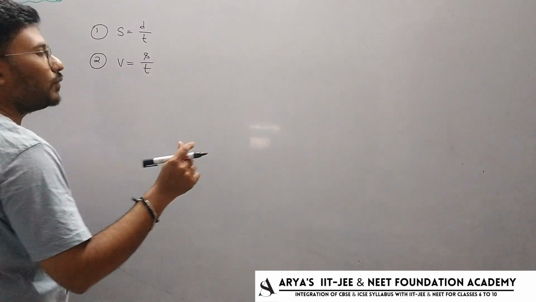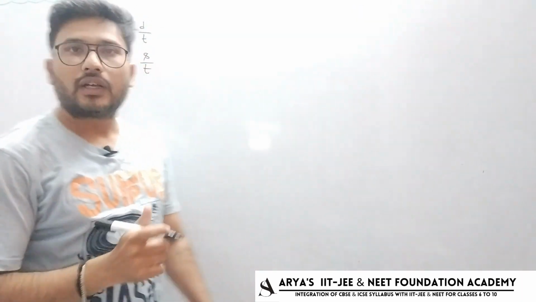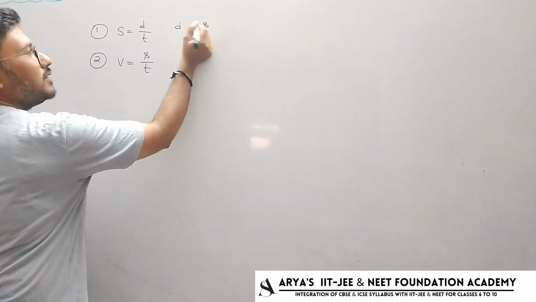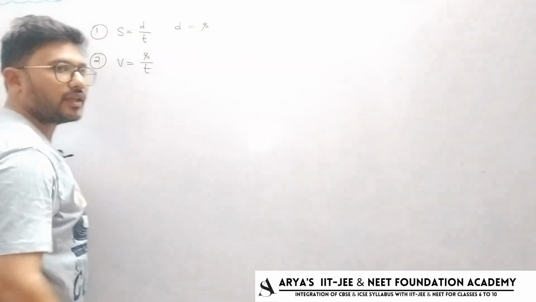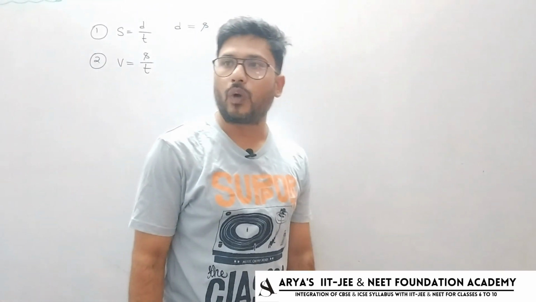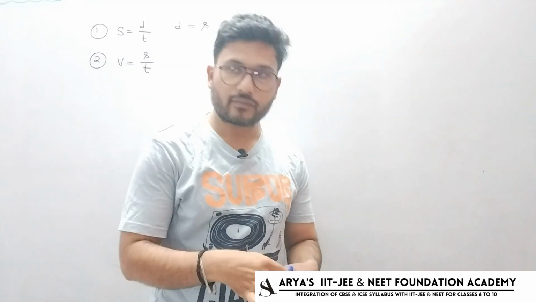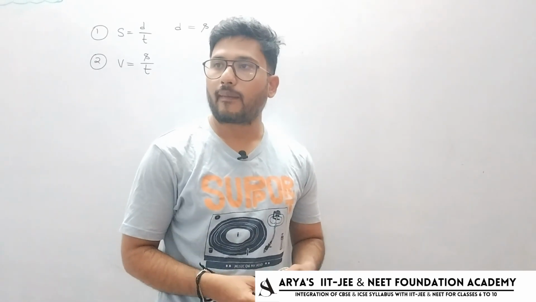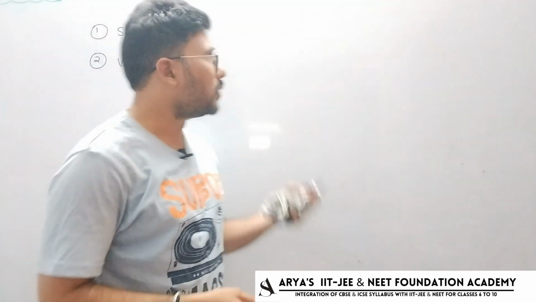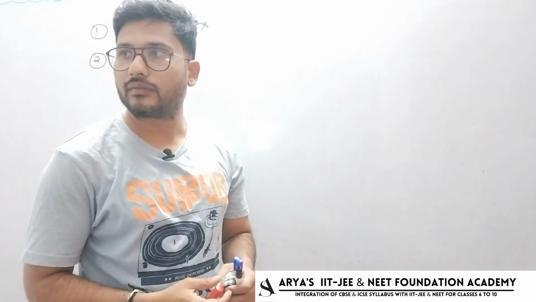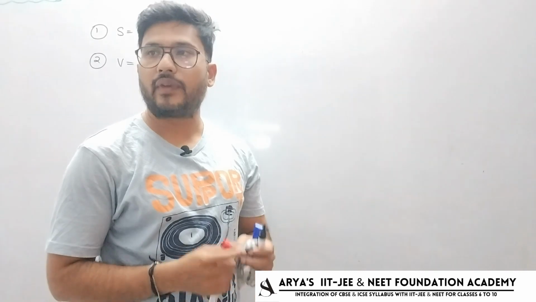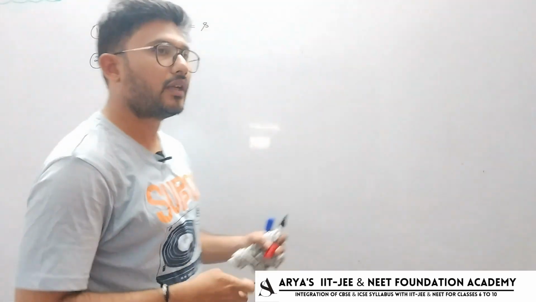Here one concept we should learn. Distance and displacement both will be the same in one case. What is that case? Distance and displacement are the same when the object is moving on a straight line. Very good.